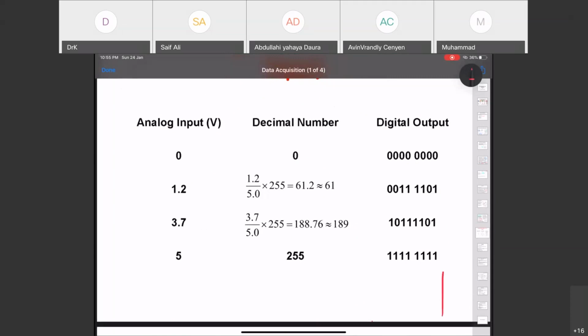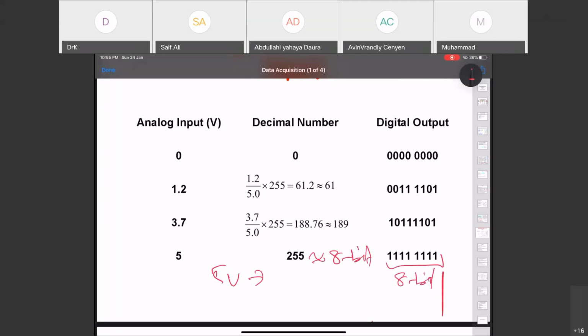If I have 5 volts here, which is represented in decimal as 255, and 255 is represented by 8 bits, that's why you have 8 bits here.